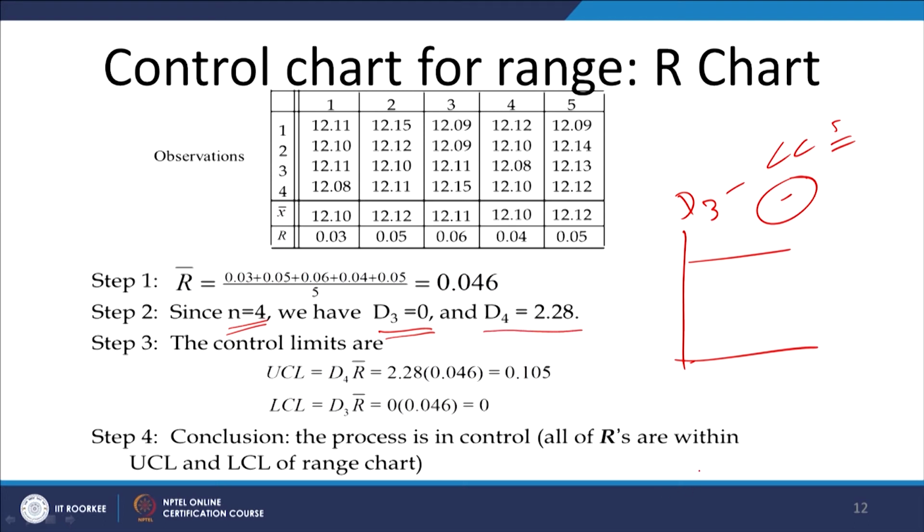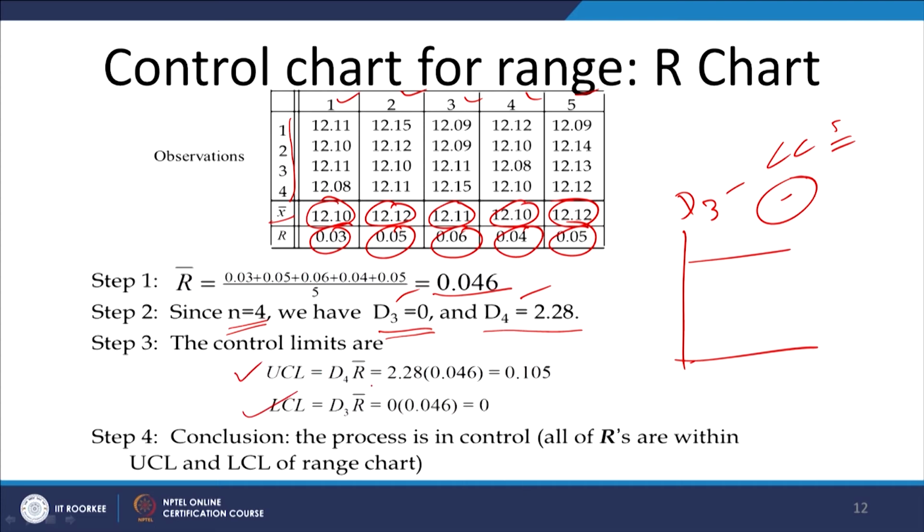In the same example, there are 5 samples, each sample having 4 units. The x bar value for each sample is calculated, the range for each sample is calculated, and using these range values we determine the R bar value. Once we have the R bar value, using D3 and D4 we can calculate the upper and lower control limits.